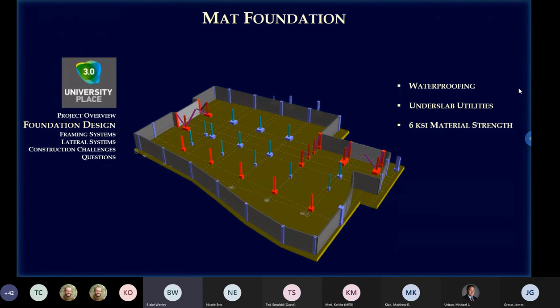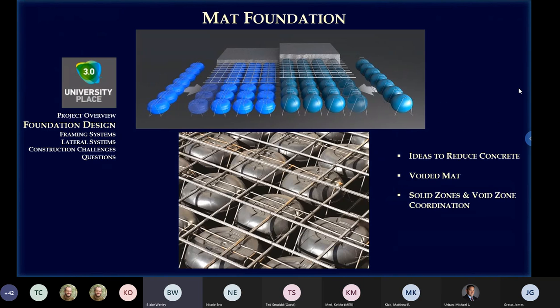The material strength we used for the foundation was 6 KSI. We varied that to make sure this was a constant thickness. I believe we started at 5 and played with the material strength and also the concrete column piers. We varied those to control the punching shear in the mat. And that's where we landed on a constant thickness of 3 feet everywhere.